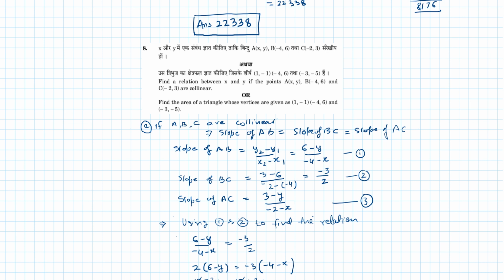If ABC are collinear, slope of AB is equal to slope of BC is equal to slope of AC.